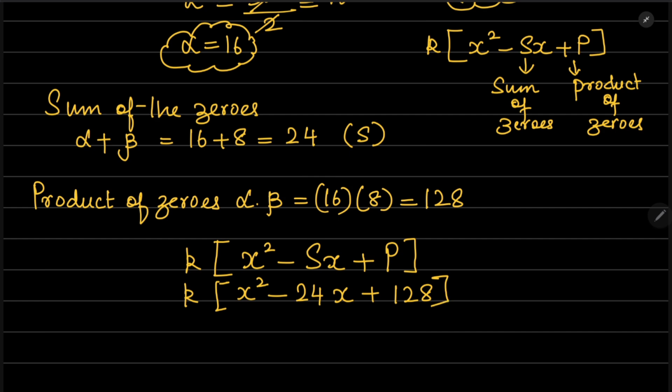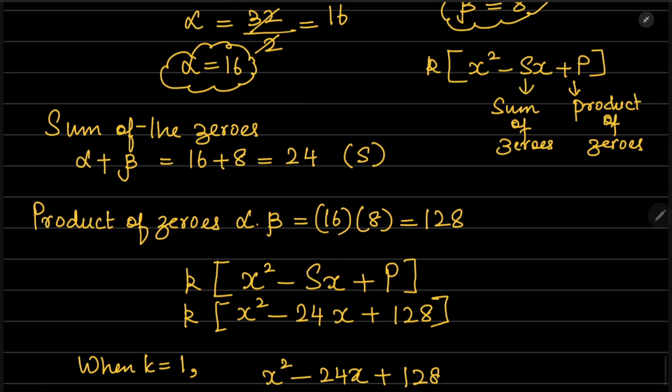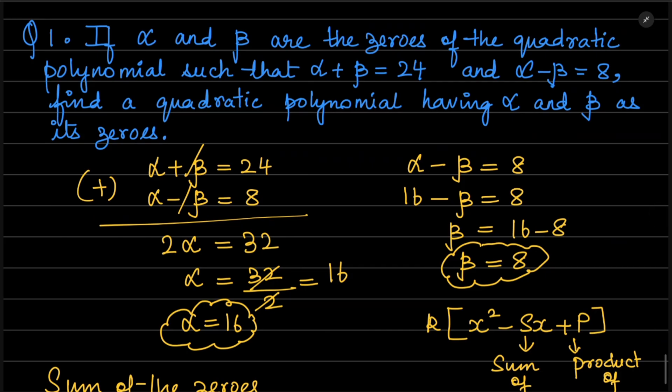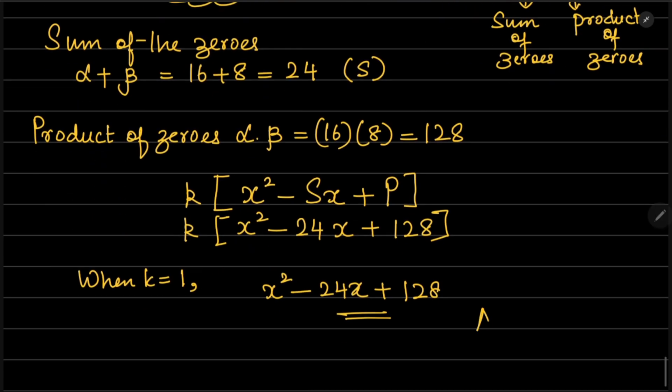Right, this is your quadratic polynomial. Or by default, when k is equal to 1, the polynomial is x square minus 24x plus 128. This is your required polynomial which has both alpha and beta as its zeros. Okay, so this is your final answer.